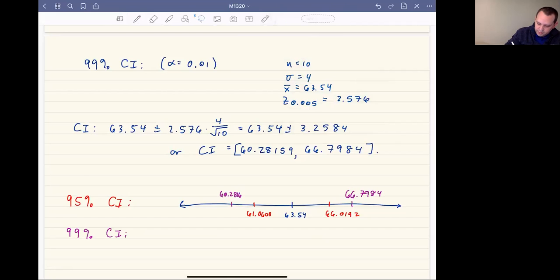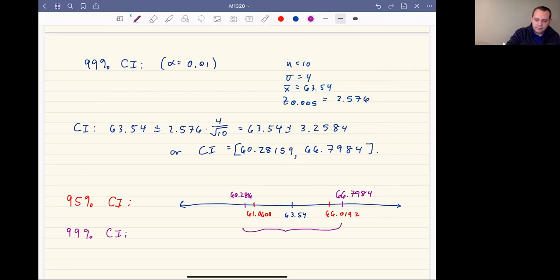And if I'm going to draw them above the axis, I can make these a little more accurate. So something like that.